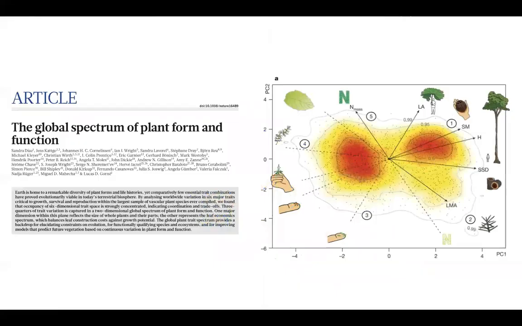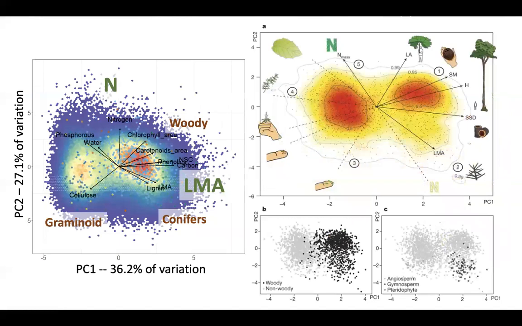The reason why I asked you if this looked familiar is because it looks exactly like the Diaz paper that came out in 2016, where they took 6 traits. We really only overlap with them on 3 traits, but boy, we see an almost identical looking figure. And so this is ours, this is theirs. You'll see that they have nitrogen and LMA right there. We have nitrogen and LMA right there. They basically got non-woody plants, woody plants. These are our woody plants.